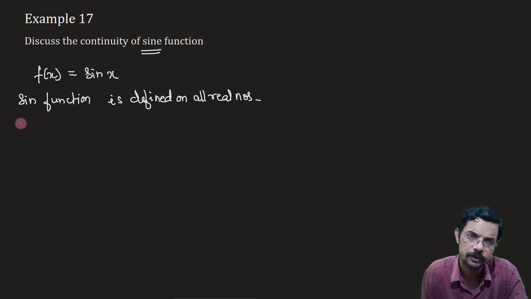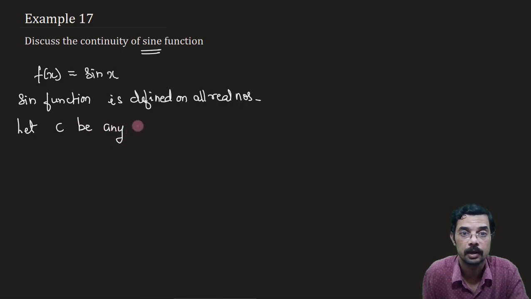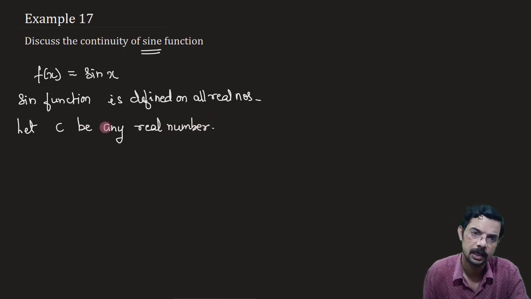First of all, let c be any real number, and if I prove that f is continuous at that point c, we can say that it is continuous at all real numbers. So let c be any real number.